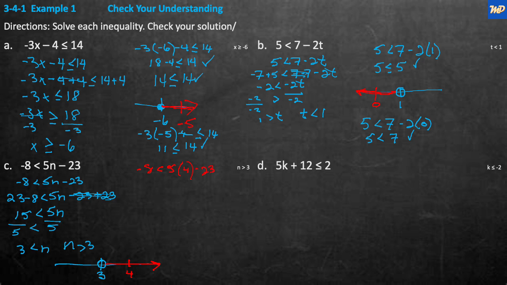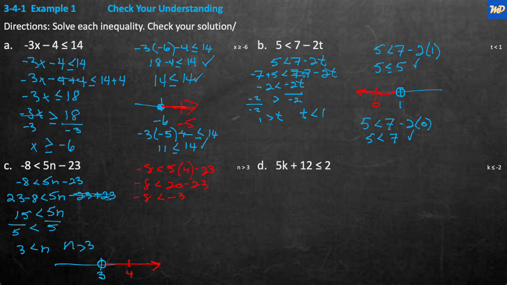And when we do this, we get negative 8 is less than 20 minus 23. And is negative 8 less than negative 3? Yes, it is.